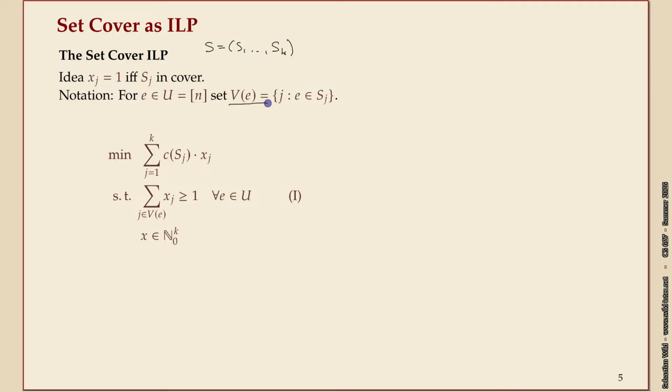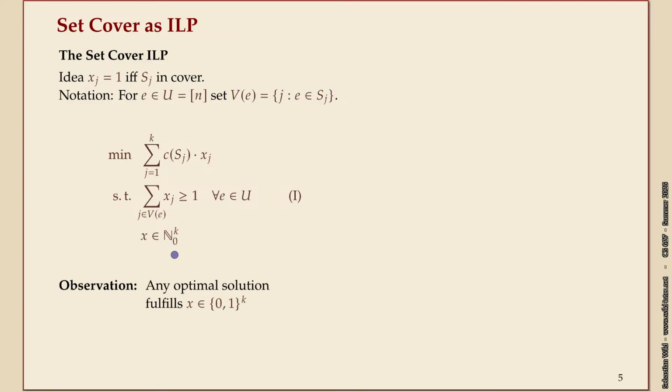That's this notation here, which we'll use a bunch in this chapter, so memorize that one. V of e is the indices, so all the sets where e occurs. We sum over all those, and we require that at least one is 1. That's what the sum does if you restrict your numbers to integers.